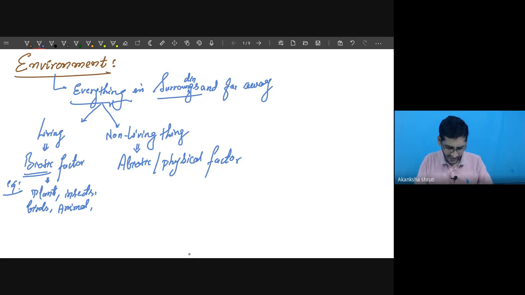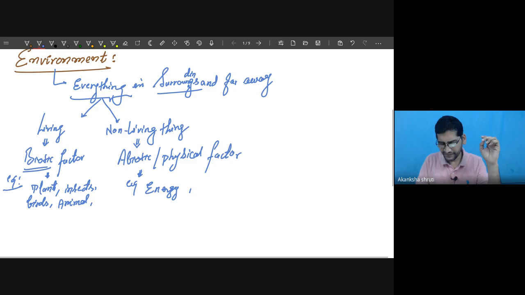The other one, abiotic. These are not living, but they are inherently required by living beings for their existence. What are they? Like sunlight. Sunlight is what? Energy, students. Whatever the source of energy, it may even be solar energy. That is the ultimate source of energy for all kinds of life.